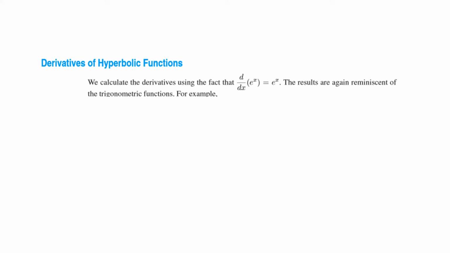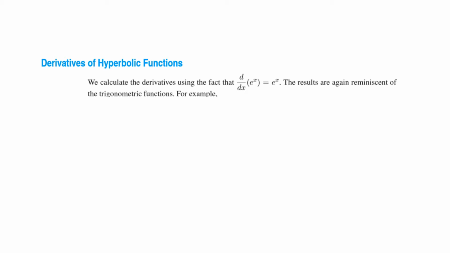So far in chapter 3 we did several derivations, and now it is time for the derivatives of hyperbolic functions. The most important thing when getting the derivatives of hyperbolic functions is to recall that the two equations of hyperbolic cosine of x and hyperbolic sine of x are associated with e to the power of x or e to the power of negative x.